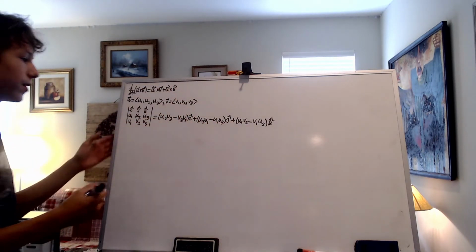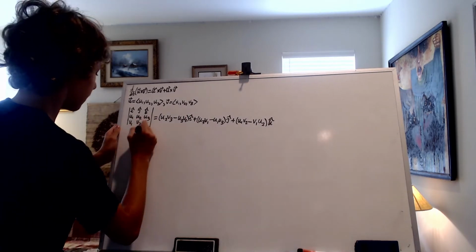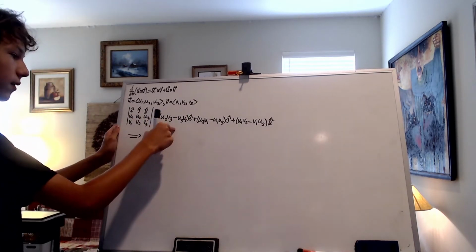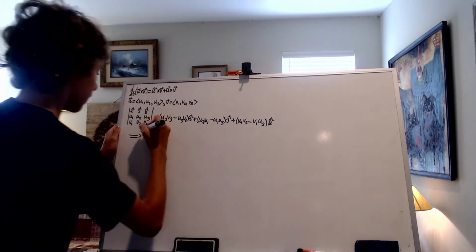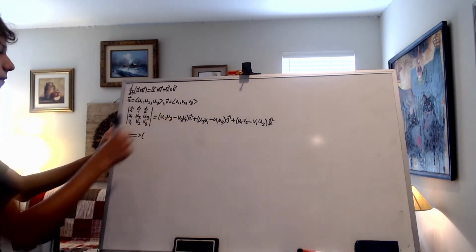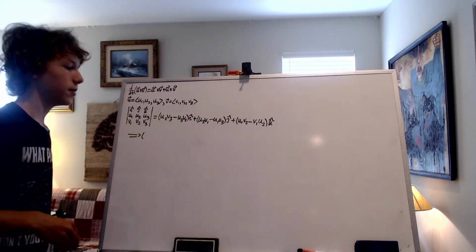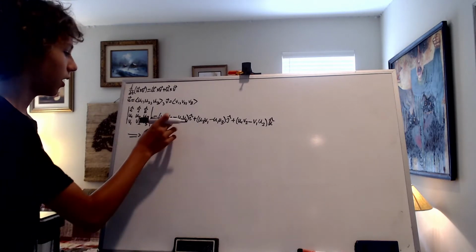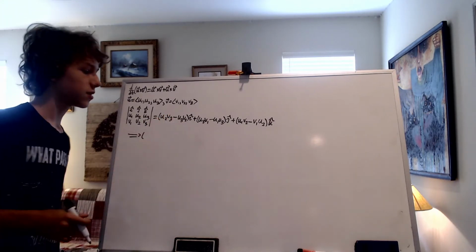Okay. Well, let's just take the derivative of this. So if we take the derivative of that, what we're going to get is, well, it's important to note that maybe some people get confused about this, but these are not necessarily constant vectors.